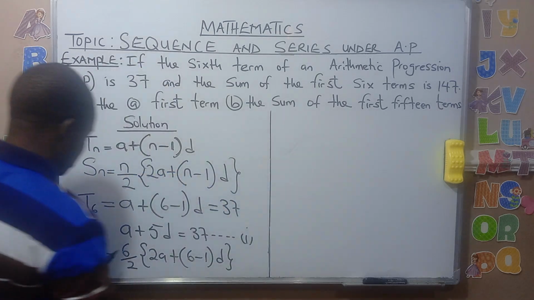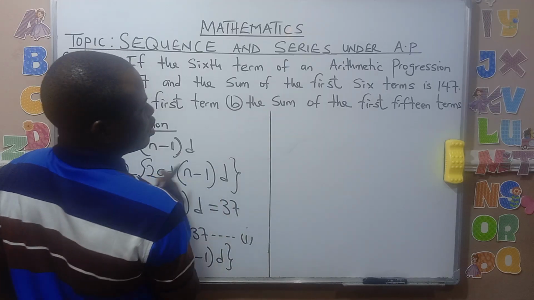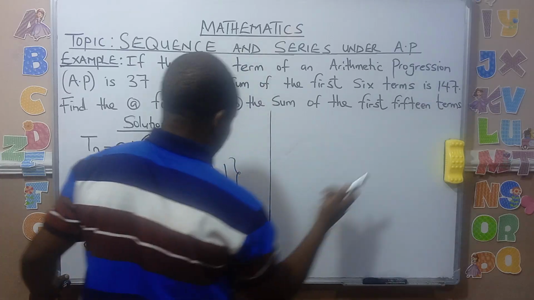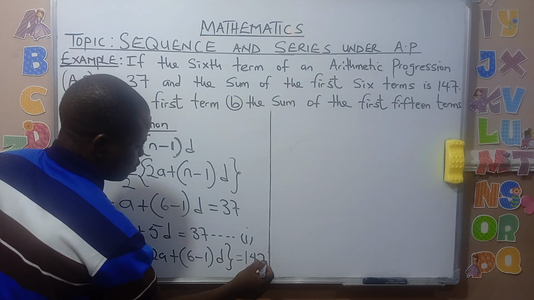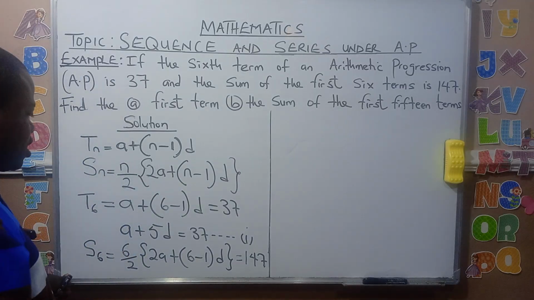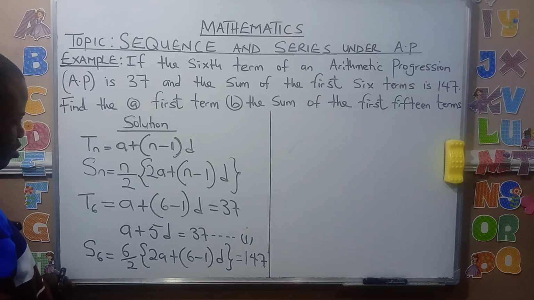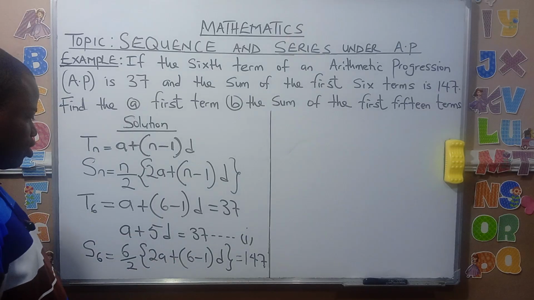From there, you now have the sum of the 6 terms being equated to a particular number, 147, equals 147. Now let's try to simplify the equation so that it can result in the second equation.